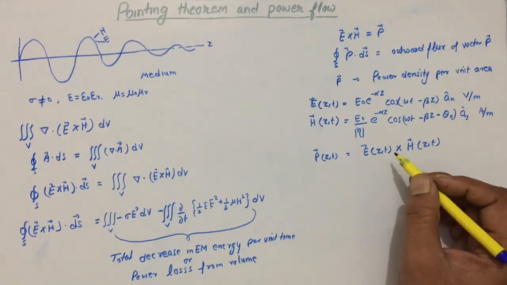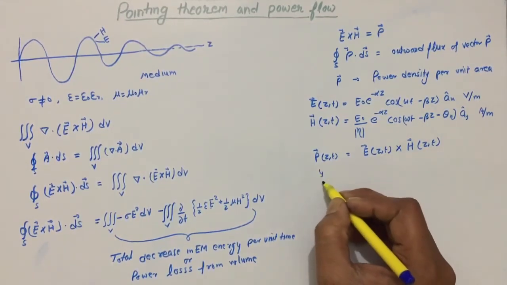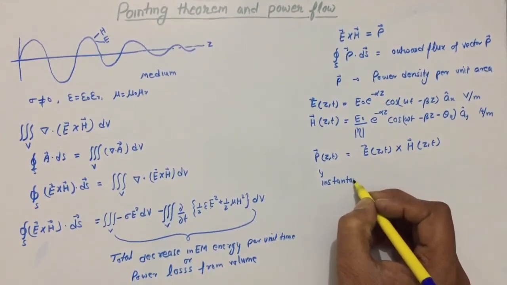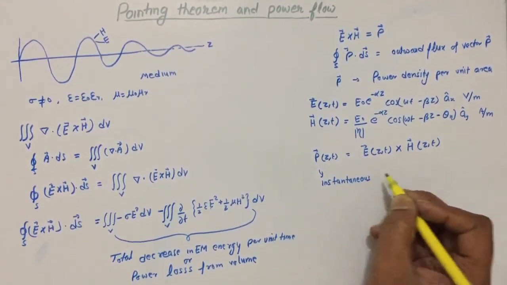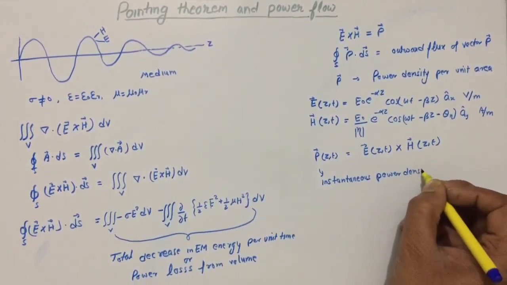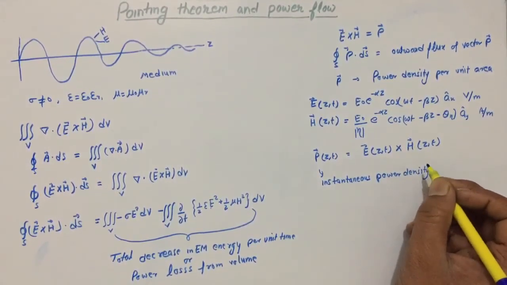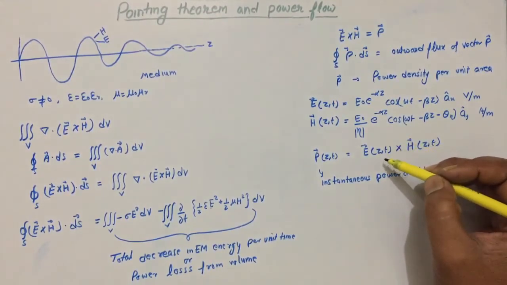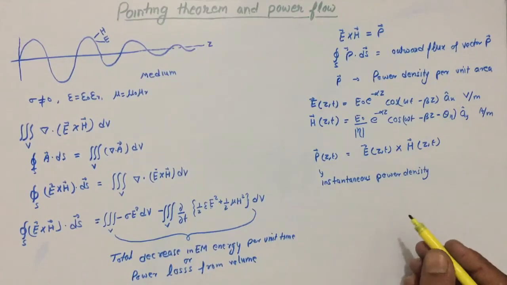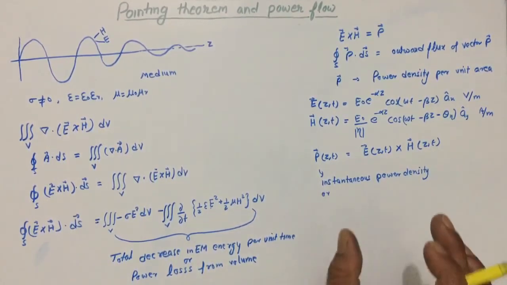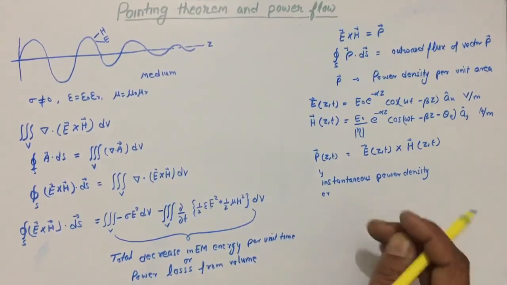So this is the instantaneous power density per unit area, and it is named in another way: the instantaneous Poynting vector.